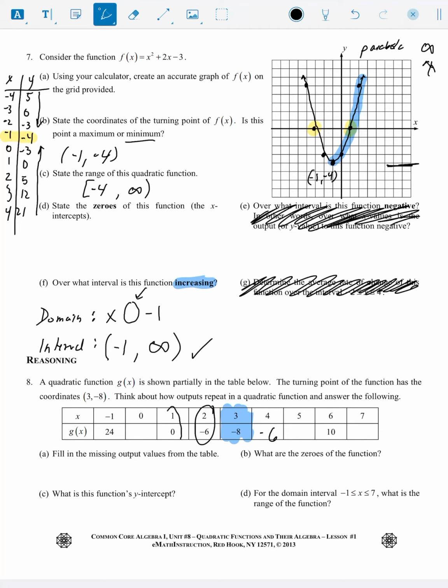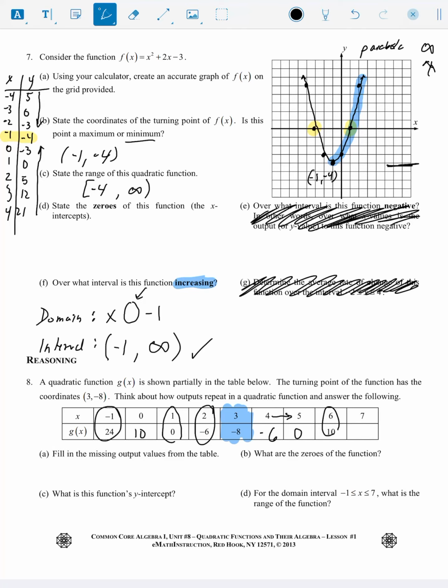Judging by some more symmetry, x increases by 1 again, and we go from 4 to 5 here, and that output value is 0. Notice the symmetry starting to form here. Next, I change x by 1 again, and my output now becomes 10, and I'll do the same thing on the other side of the graph.